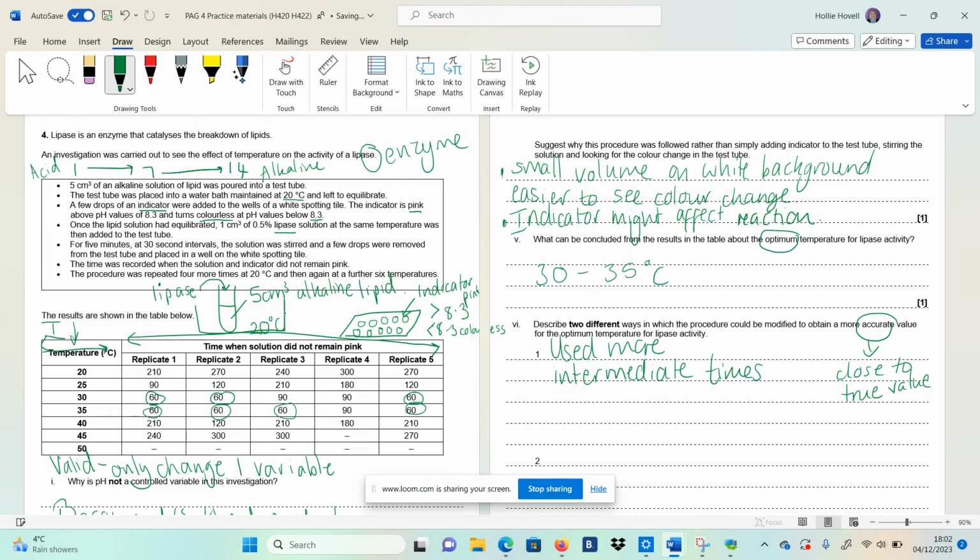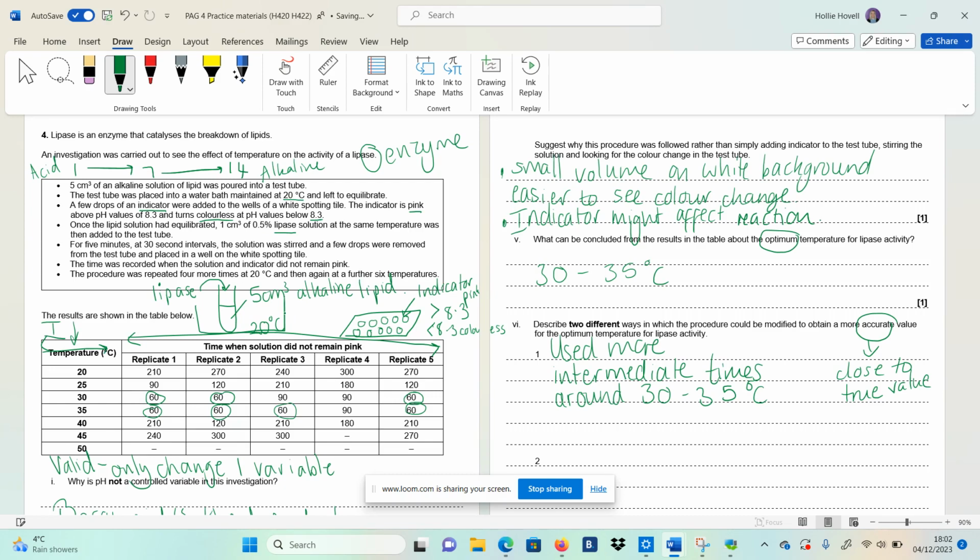You could have done one repeat of all of them and said, well, after one repeat, we think it's going to be around 30 to 35. So let's repeat it again between maybe 25 to 40, and let's go up in twos just around that area. So more intermediate times around 30 to 35 degrees C.